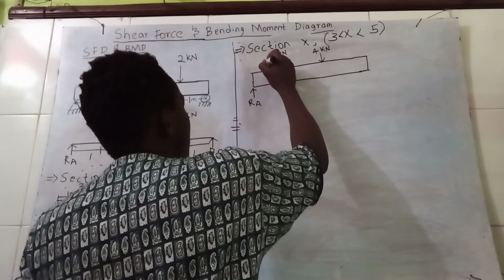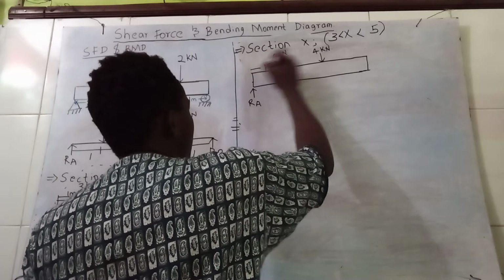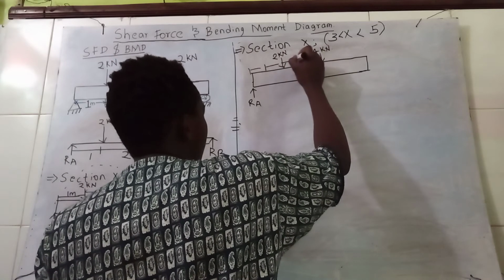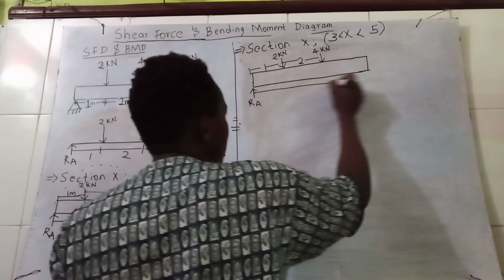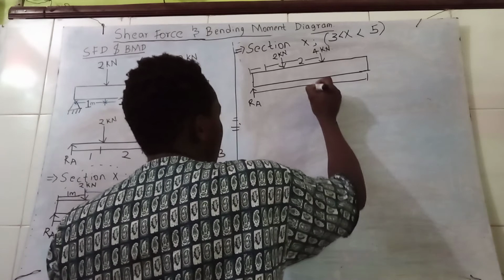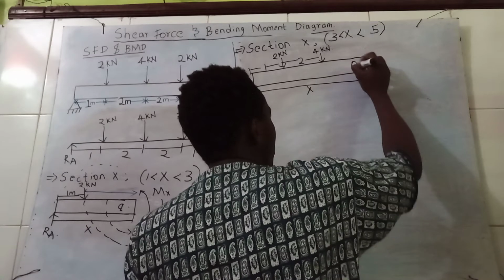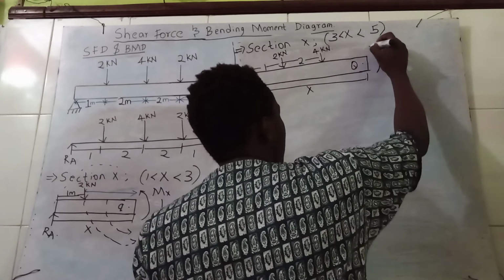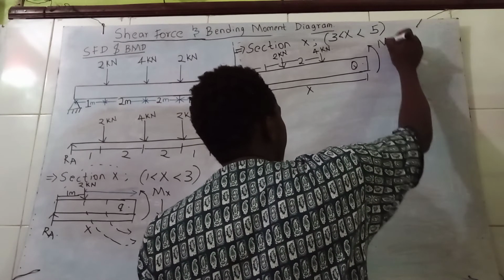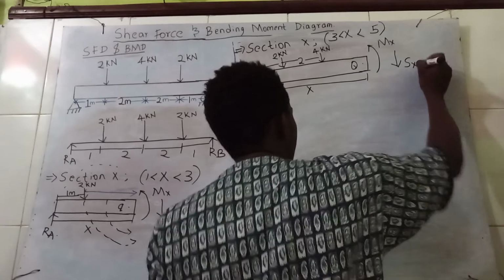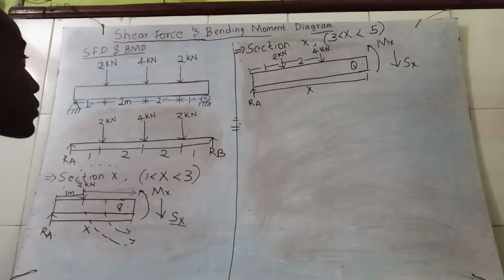So the distance here is 1, the distance here is 2, then the whole of this distance is x. So inside here, at my point Q, I shall have my moment M of x and my shear force Sx.